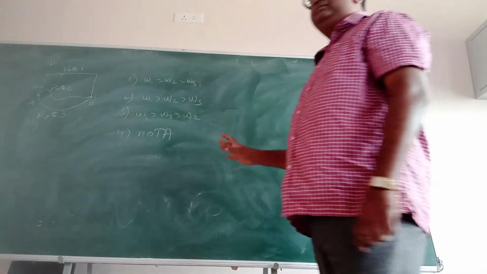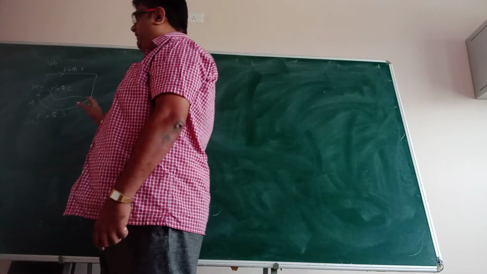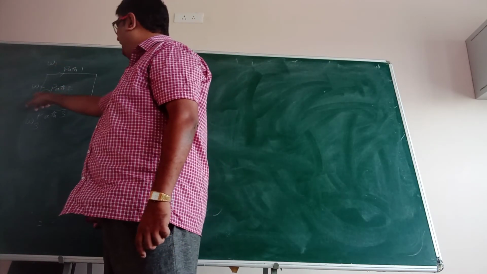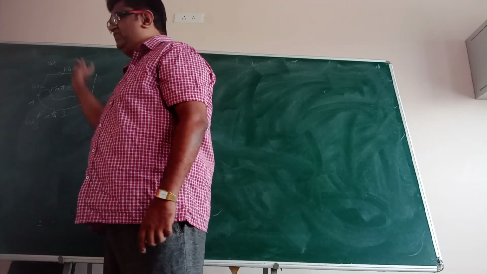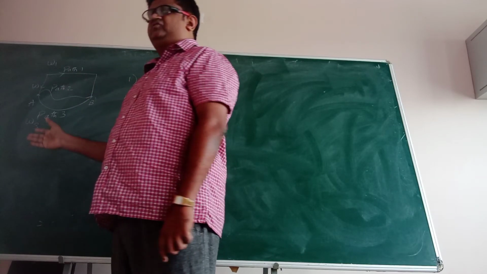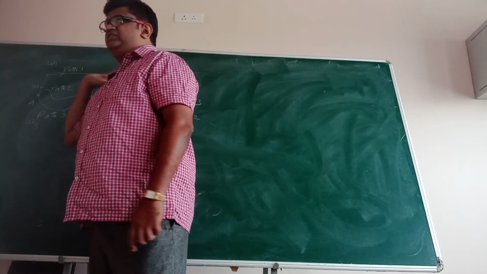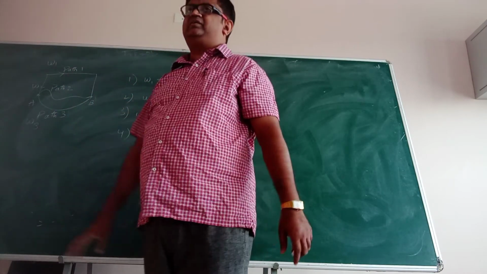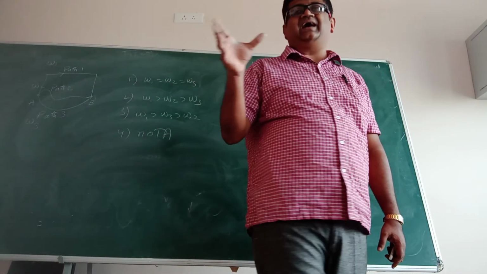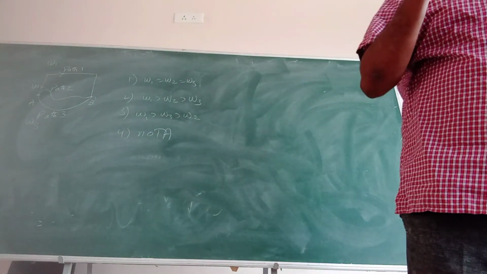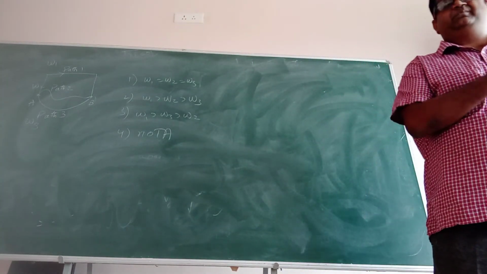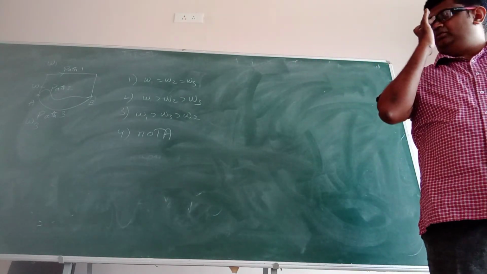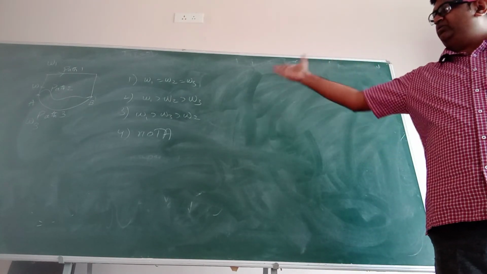Understood the question? Now A and B are in the influence of a gravitational field, and from A to B an object has been moved in 3 different paths. In the first path the work done is W1, in the second W2, and in the third W3. They are under the influence of gravitational force, that means F is equal to mg. So, what do you think is the right answer?